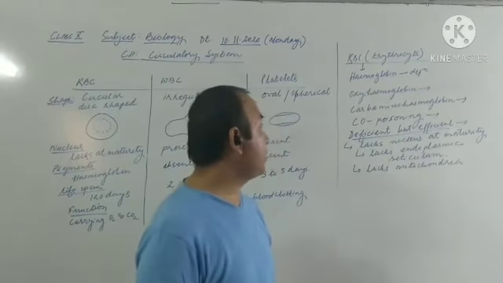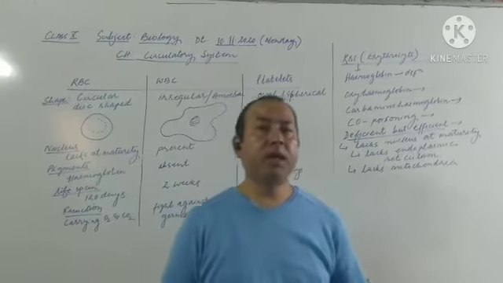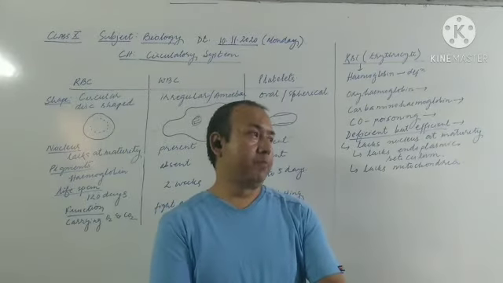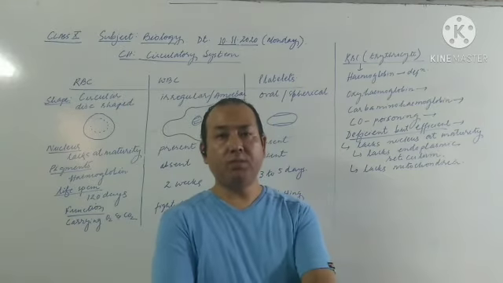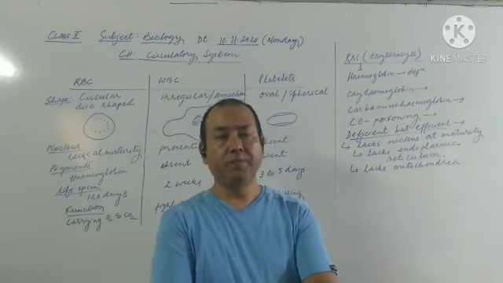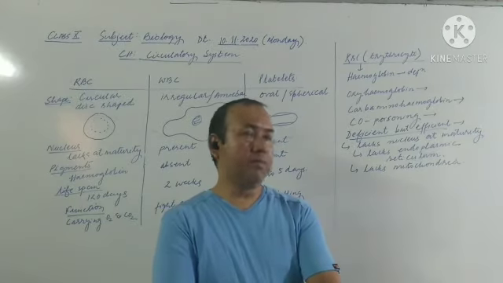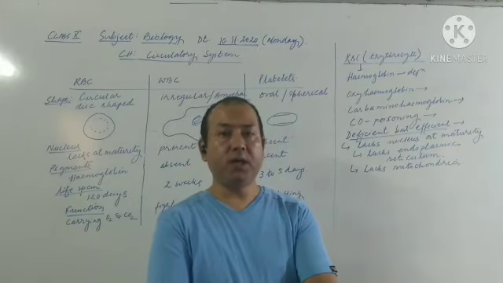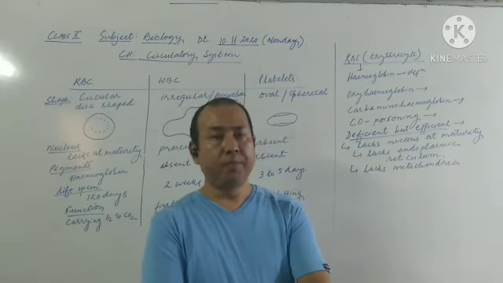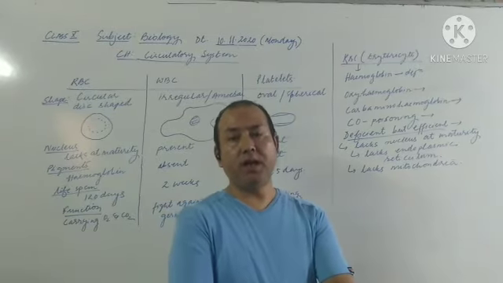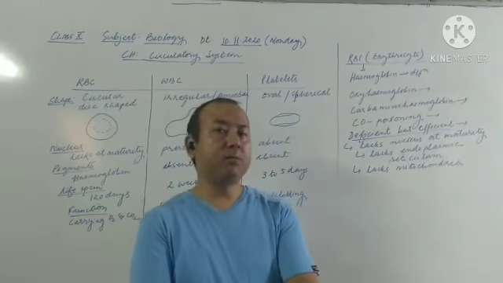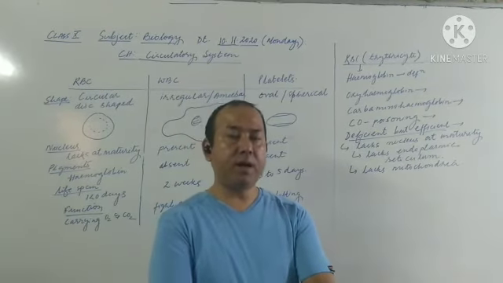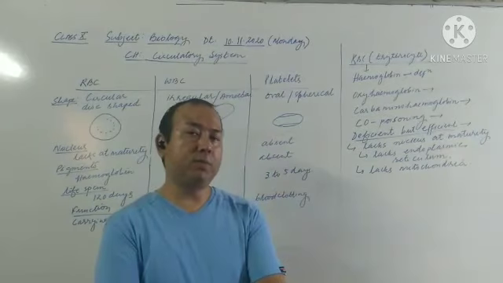Then another topic: deficient but efficient RBC. Many cell organelles inside RBC cells are absent, but still, due to the absence of these cell organelles, RBC becomes more efficient to perform its function. Now, which cell organelles are absent in RBC? The first is the endoplasmic reticulum, the second is the nucleus, which they lack at maturity, and the last one is mitochondria.